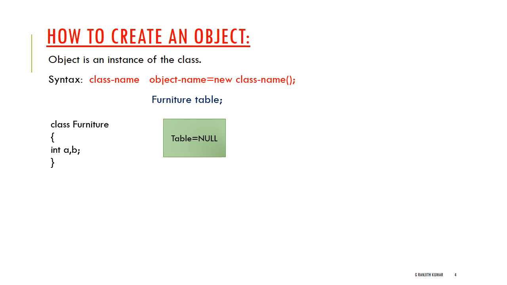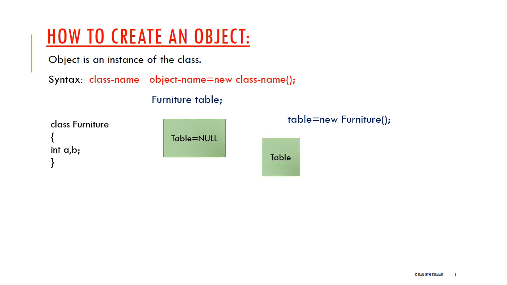If you want to access them, we write table equals new Furniture. In this way we have to write again. This we call object instantiation. When the object is instantiated, only then can we access members of the class.